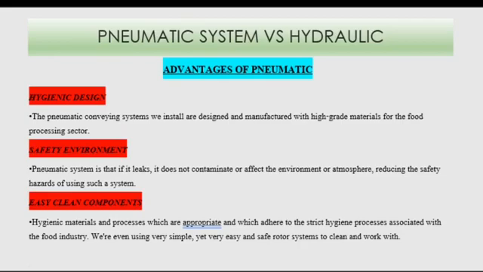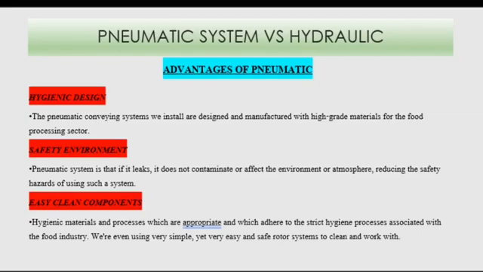The second advantage of the pneumatic system is a safe environment. If a pneumatic system leaks, it does not contaminate or affect the environment or atmosphere, reducing the safety hazard compared to using a hydraulic system.